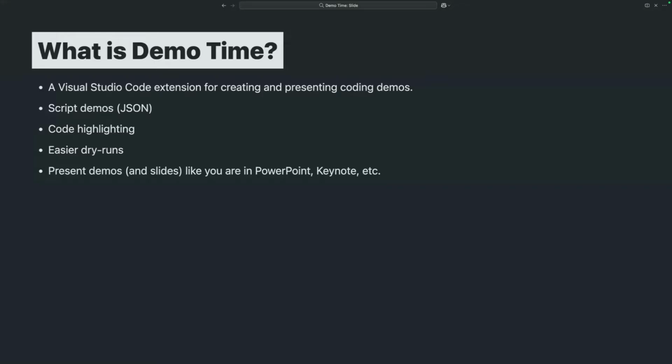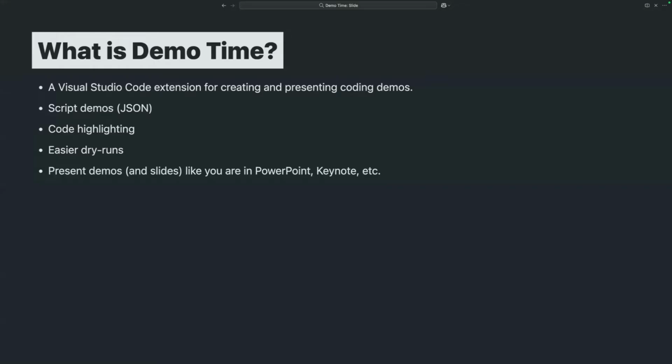The nicest thing about demo time is code highlighting. We've all been in sessions where people present and use a square around a code block and all these fancy tools. But then again, you need to look at your screen. Where is that particular line? Oh, this line, and then zooming in and highlighting that particular block.